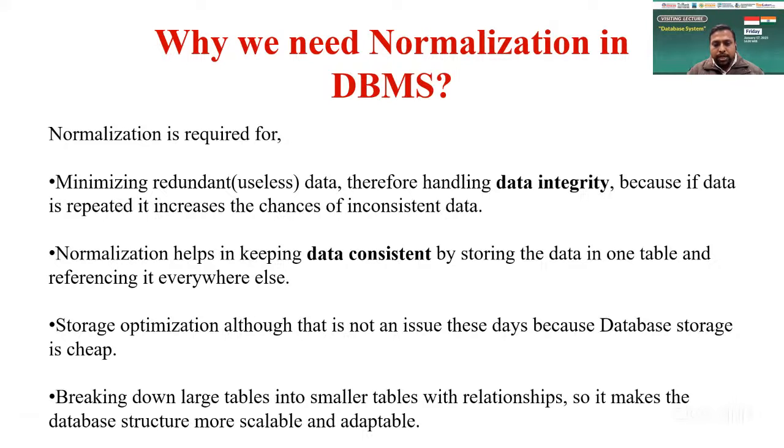There must be minimum duplicate data, and every key must uniquely identify all the other non-key attributes of the table. We break down the tables into smaller tables to make the database more structured and link every column to each other in the tables.